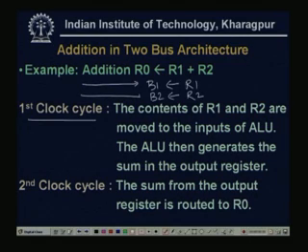For the single bus architecture we need 3 clock cycles to do this addition, represented by these micro instructions, whereas for the 2 bus architecture we need only 2 clock cycles.